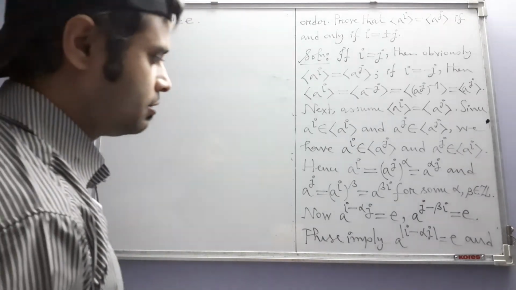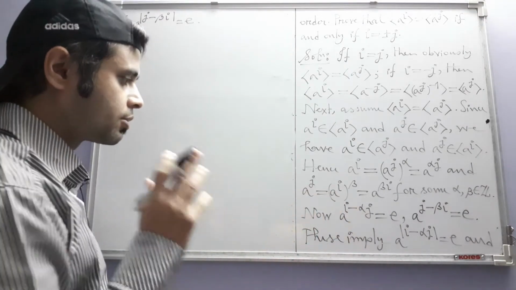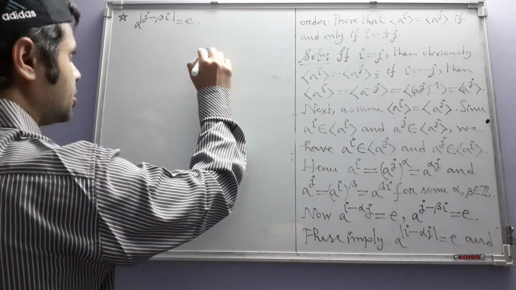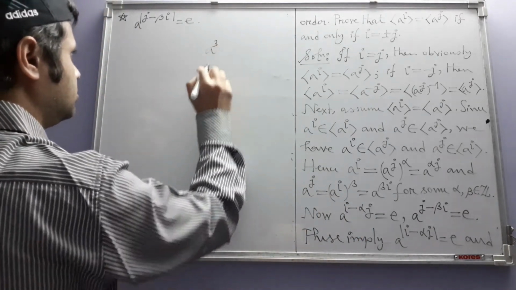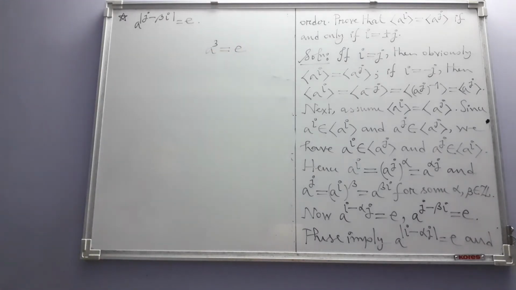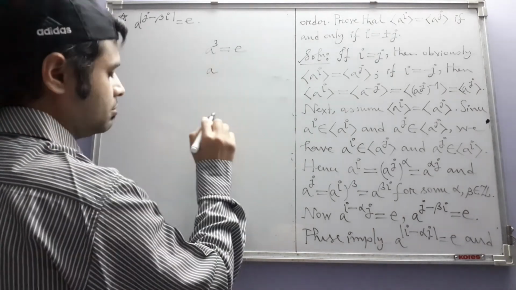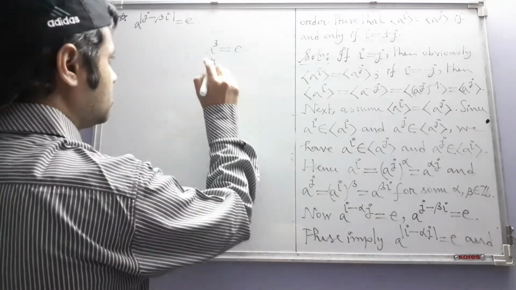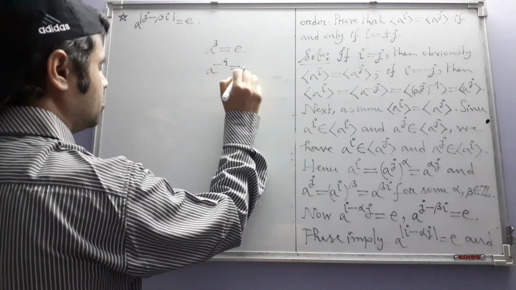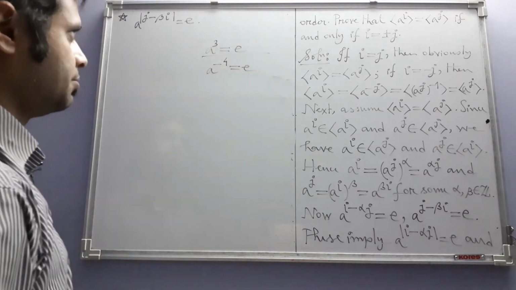What is the reason? Think of some concrete integer in place of i minus alpha j, say 3. You can have either this, or you can have some negative integer also, say a to the power minus 4 is equal to e. These are two different cases, okay.